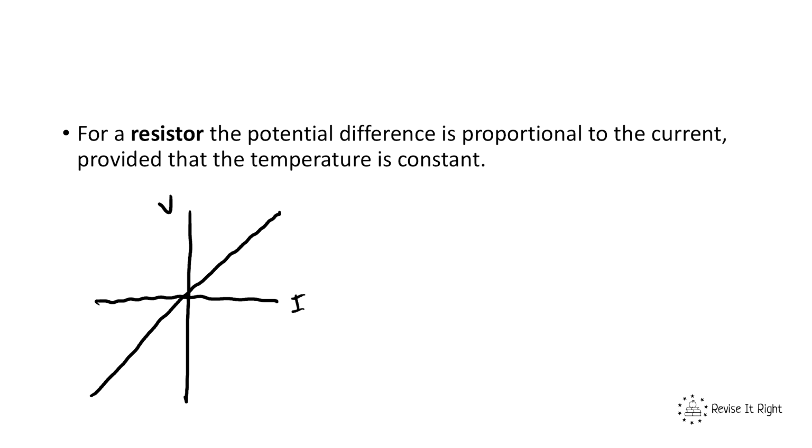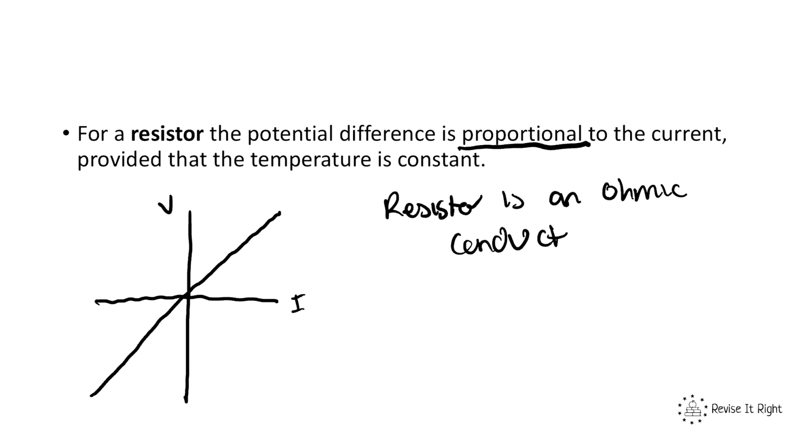So they are proportional, which means that the resistor is an ohmic conductor because it follows Ohm's law. Because the line is a straight line, as the current goes up, the potential difference goes up, they are proportional to each other, therefore the resistor is an ohmic conductor.